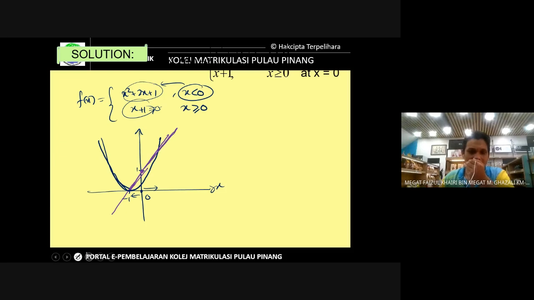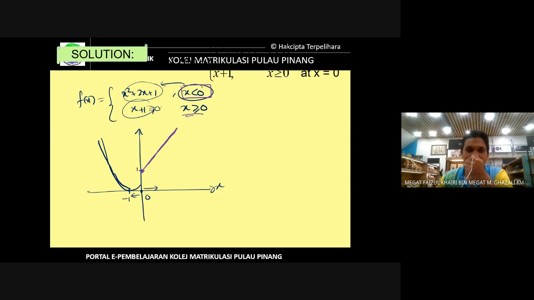So let's see if we sketch. We want the graph, exactly the graph here, this one and this one. Okay, class. This is graphically. If I show for x less than 0, the function of x squared plus 2x plus 1, this is the graph.